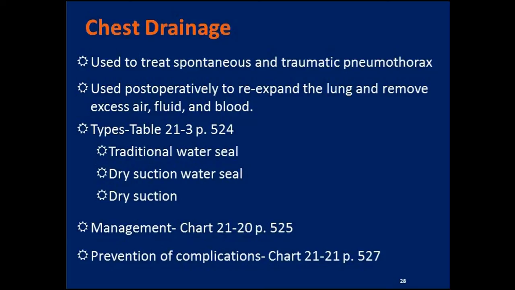Now, in that water seal chamber, under normal circumstances, there won't be any bubbling or rolling. If you see bubbling in the water seal chamber, that means there is air escaping out of the lung, and it's called an air leak.